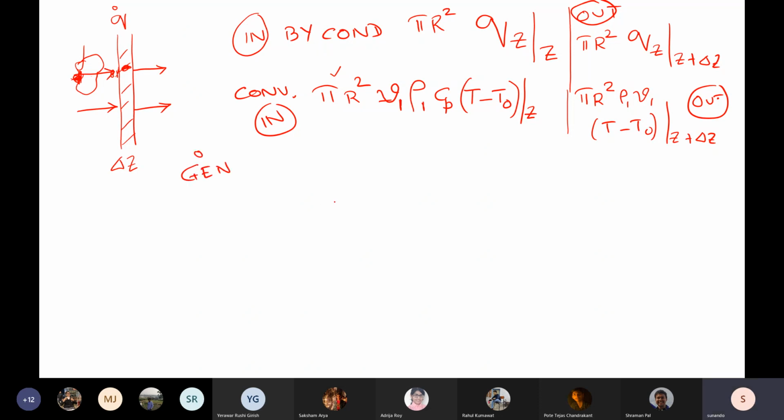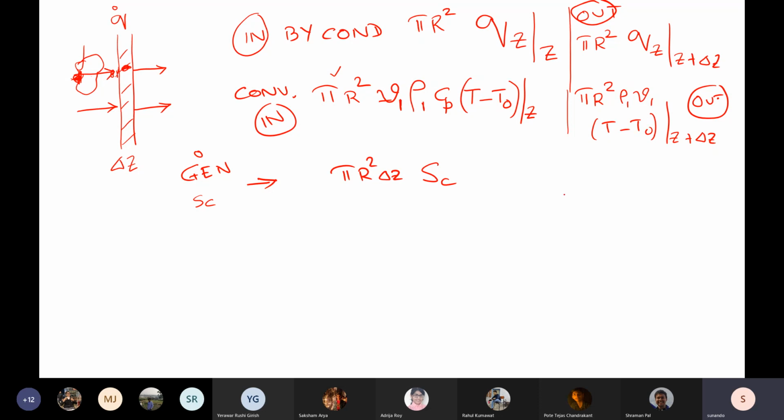What would be the expression for that? The volumetric rate. Rate of reaction into volume. And the volume would be pi r square times delta z. So this is your generation term.